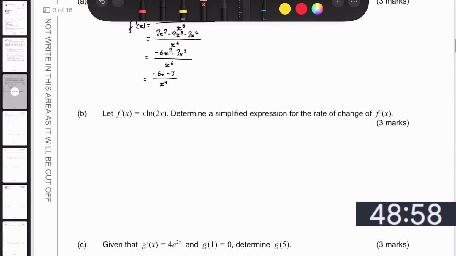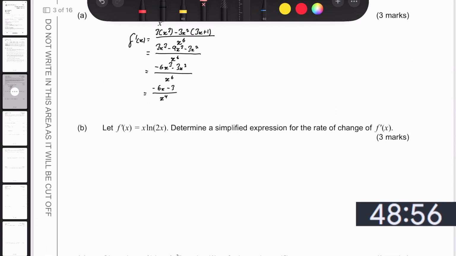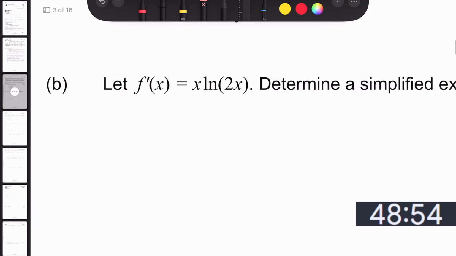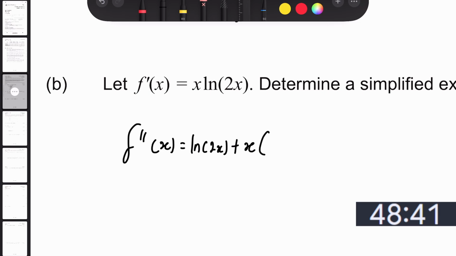Let f of x define a simplified expression for the rate of change of f of x. So we want the second derivative. There's going to be product rule. The derivative of x is just 1, so this will be ln of 2x plus x times the derivative of ln 2x, which is going to be 2 on 2x, so it's going to be 1 on x.